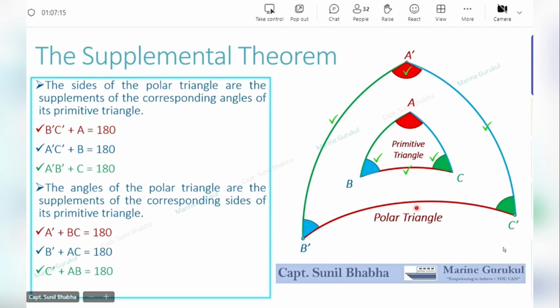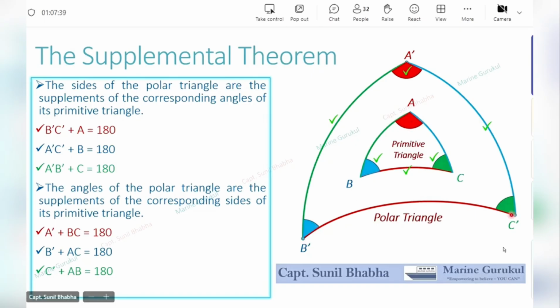First we can find side B'C' of the polar triangle, and later we can find angle B' and angle C' of the polar triangle. Once these three parts are known, 180 minus these three parts will give us the corresponding parts of the primitive triangle.